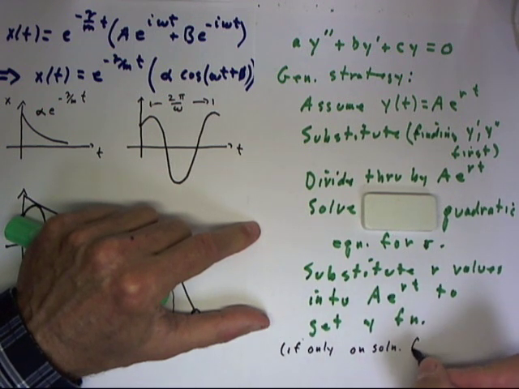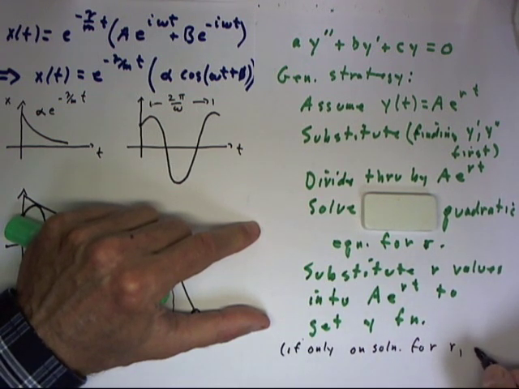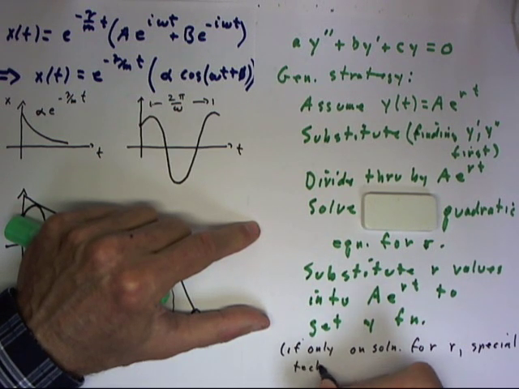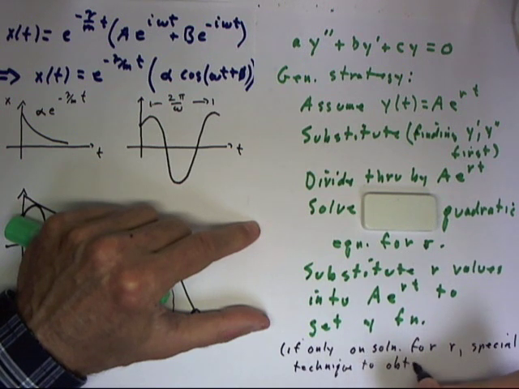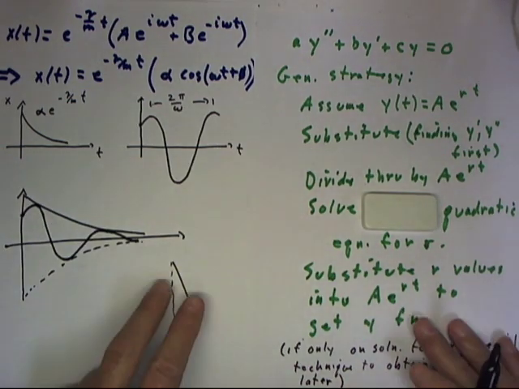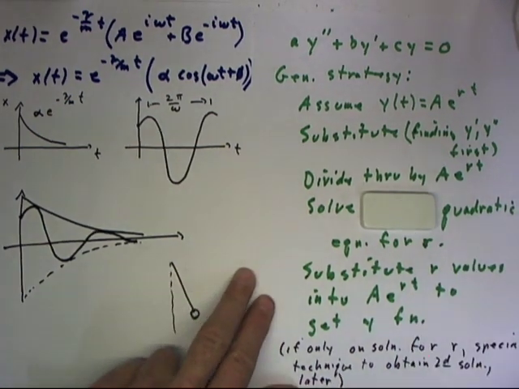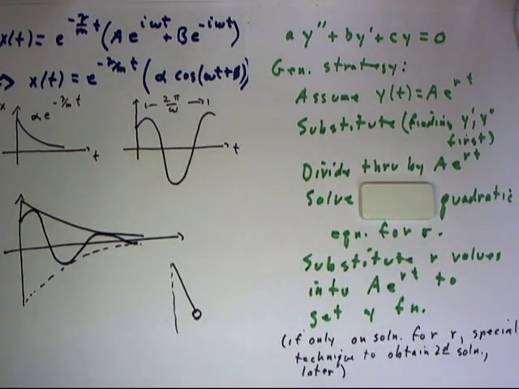So if there's only one solution for r, there's a special technique for obtaining two solutions. And we'll get to that technique a little later. It's a fairly simple technique, and it's really not difficult to apply in this context.